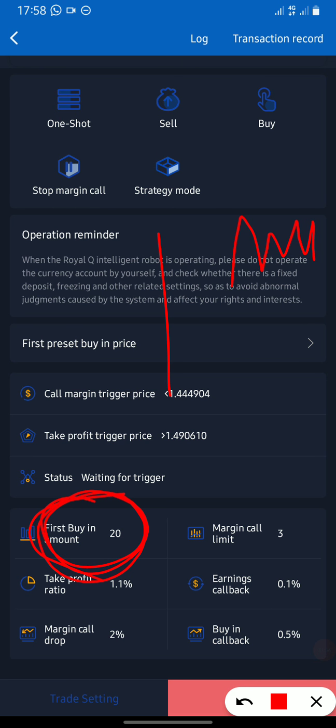If it doesn't go down up to 2% deeper, it will not buy my first call. So in total, it will be trading with my first buying amount until it starts going deeper. That is when it will start to pick my first call, my second call, my third call, like that.